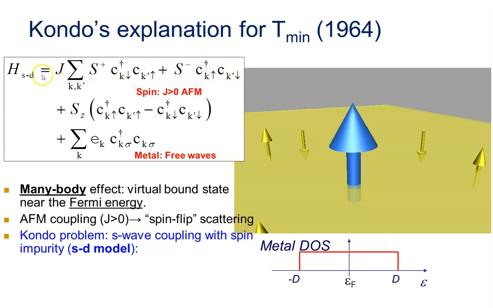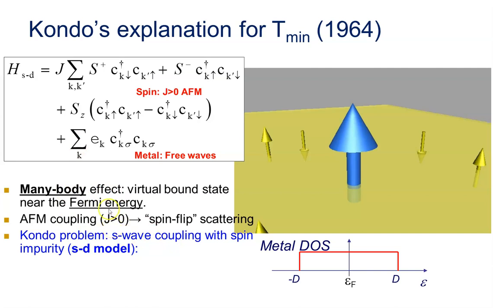So this J is positive. If J is positive, these processes tend to favor antiferromagnetic alignment between the electrons and the impurities. And of course there's the free term coming from the metal.